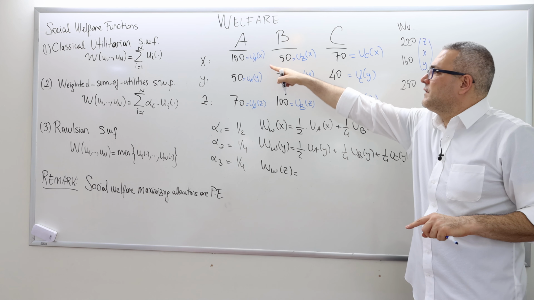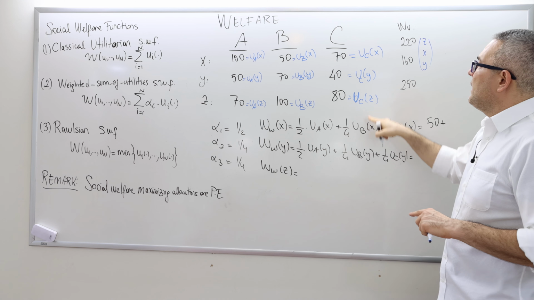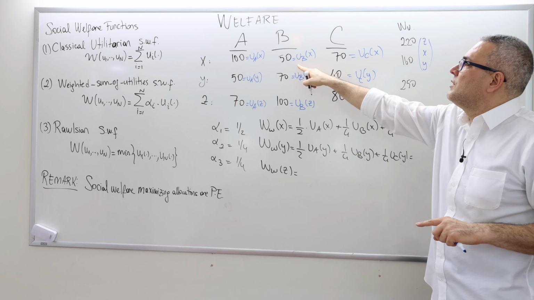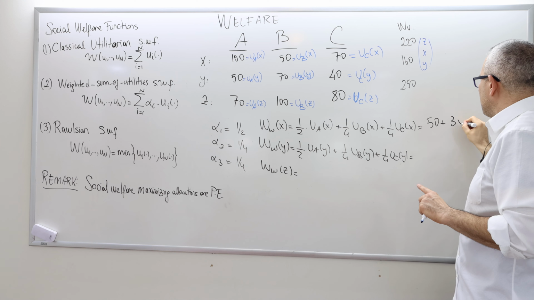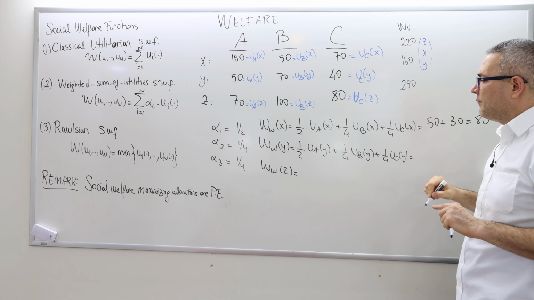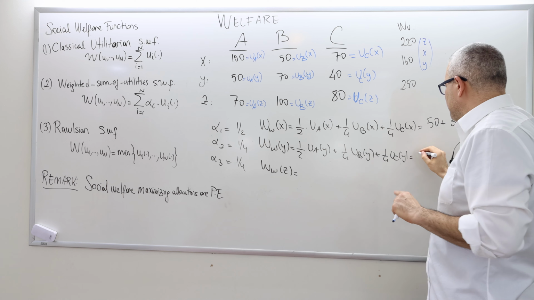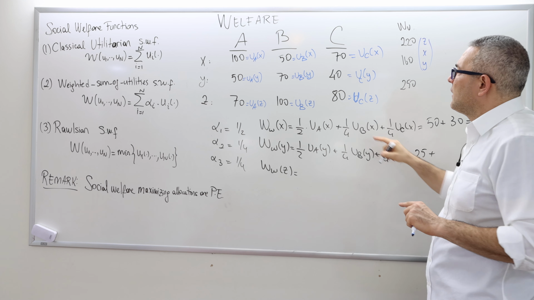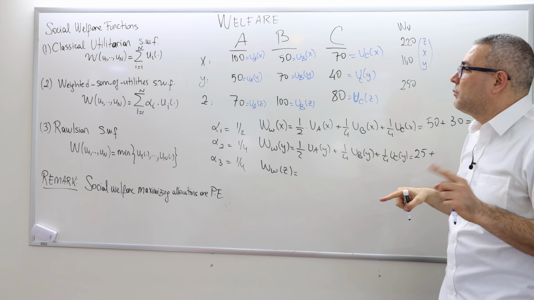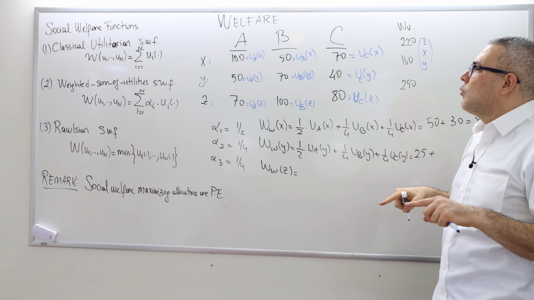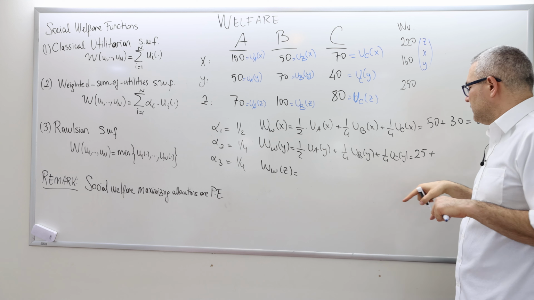So UAX is 100 divided by 2, it's 50, plus B plus C, which is 120 divided by 4, which is 30. So the total is 80. For Y, 1/2 of this, 50, 25, plus a quarter of 70 plus 40. 70 plus 40 is 110. 110 divided by 4.